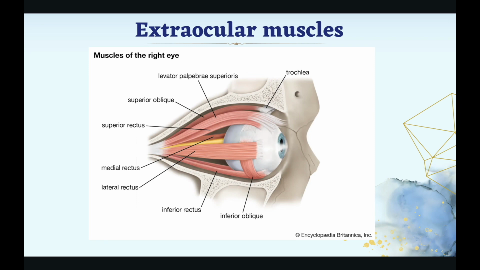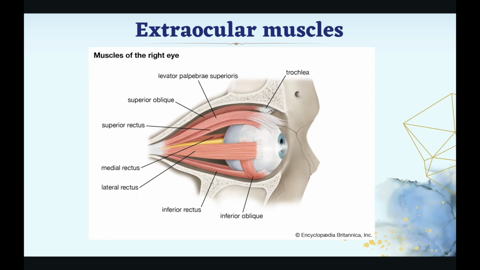Second, recti muscles. We have four recti: superior, inferior, medial, and lateral. The origin of the four recti is from a fibrous ring called the common tendinous ring. It is a thickening of the periosteum that surrounds the optic canal and the middle part of the superior orbital fissure.